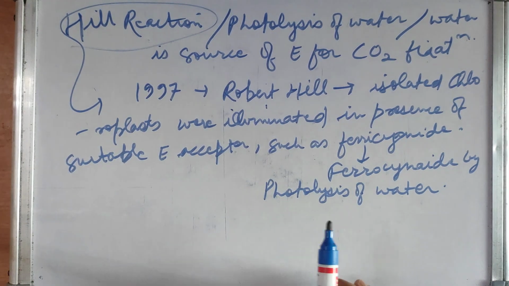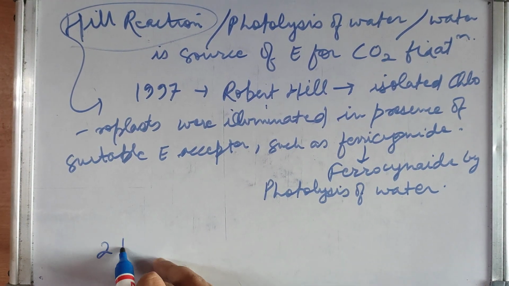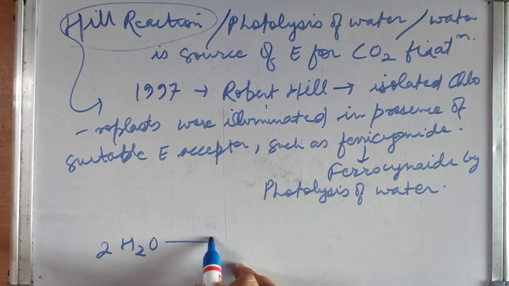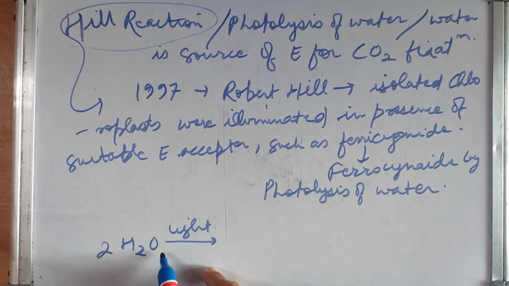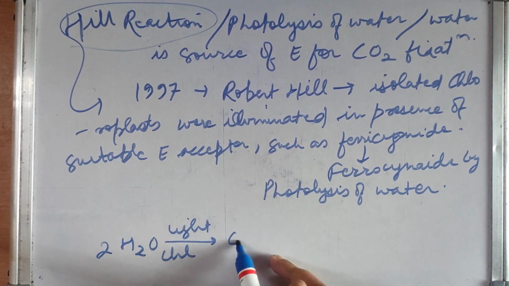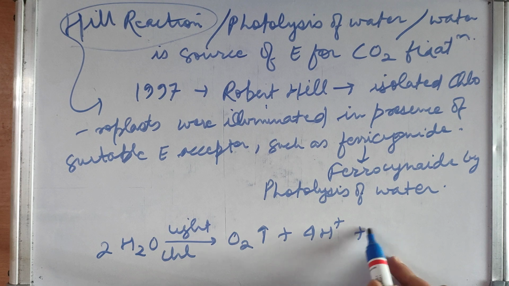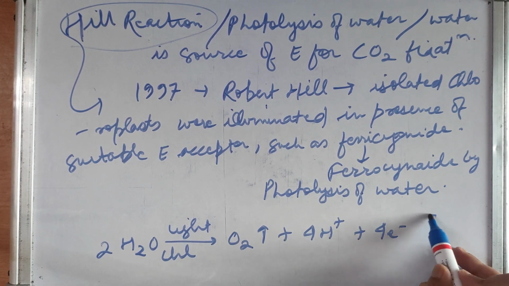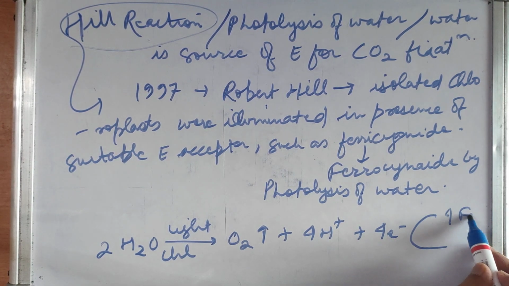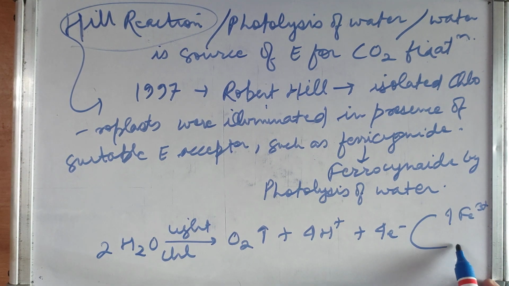Let me write the reaction here. 2H2O in presence of light and chlorophyll gives O2 plus 4H plus plus 4 electrons, with 4Fe3 plus being reduced to 4Fe2 plus.